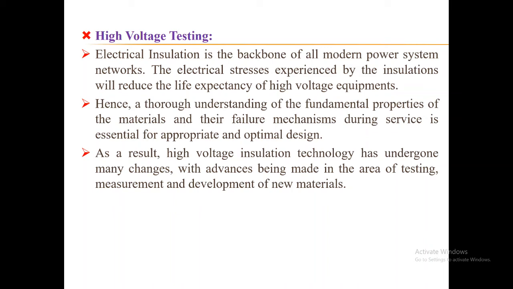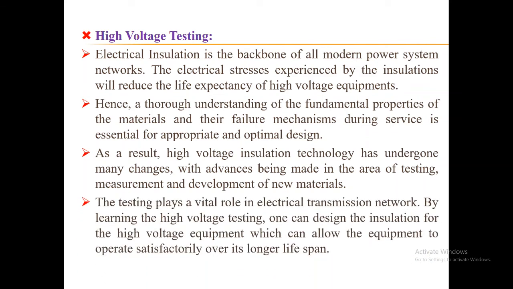So these are the three verticals in which the electrical engineer or the insulation engineer can contribute. In our session, the testing is very important, so I'm going to touch upon the testing part only. I'm not going to deal with the measurement and the development of new materials.